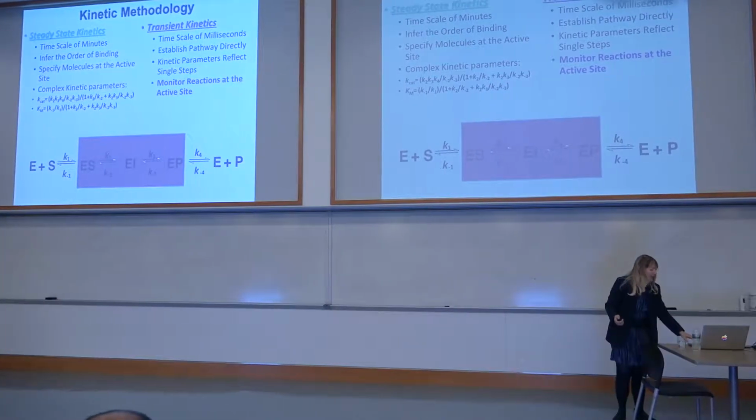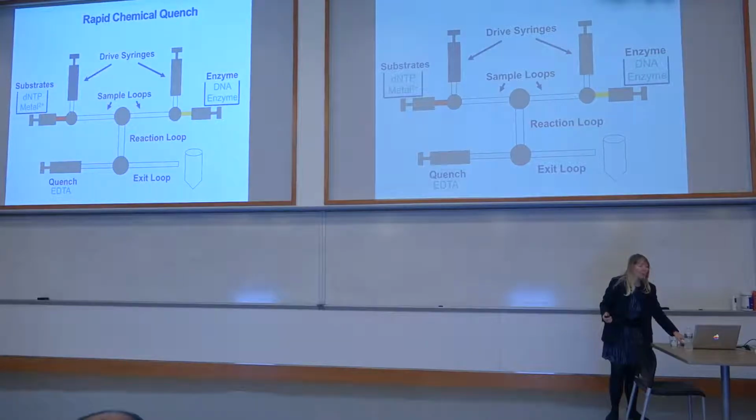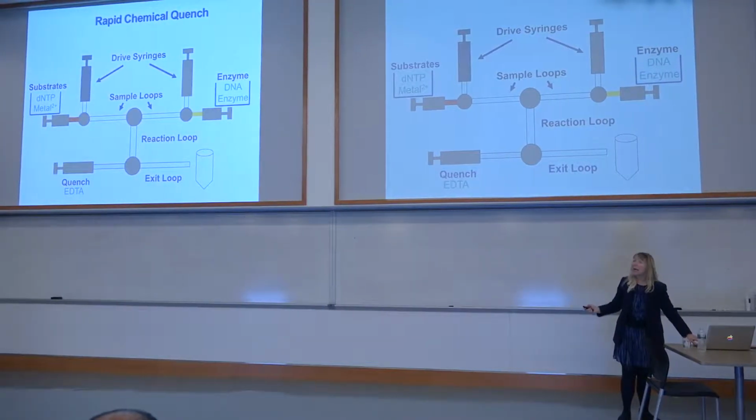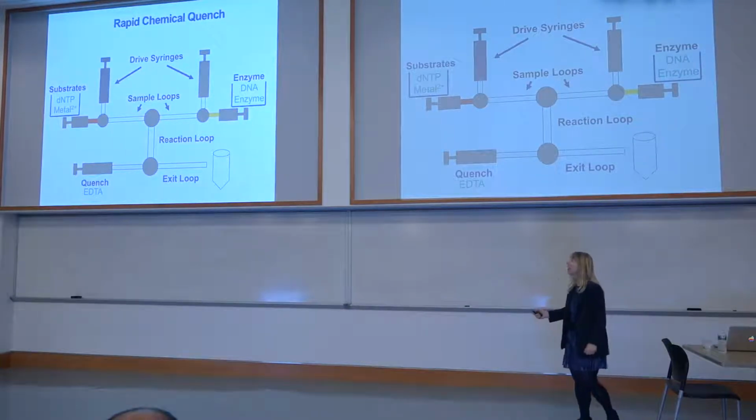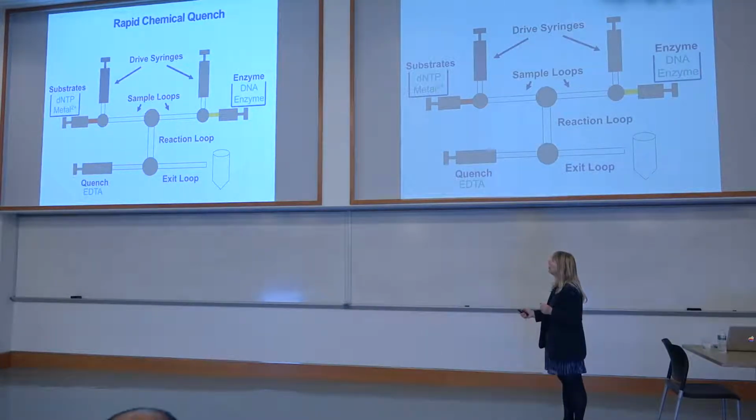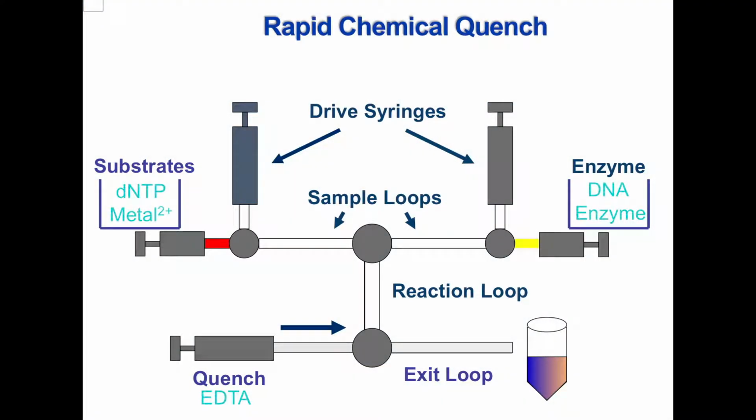Some of the early mechanistic work that we did used a strategy called rapid chemical quench. To look at the reaction on a very fast time scale, this is an example where we would pre-incubate the dNTP with metal in one sample loop, and then load our enzyme and radio-labeled DNA substrate into the other sample loop.